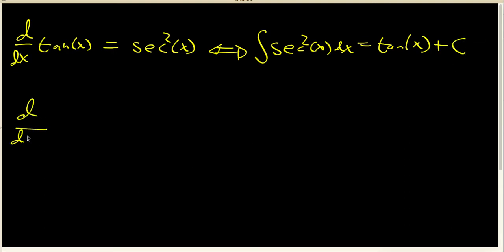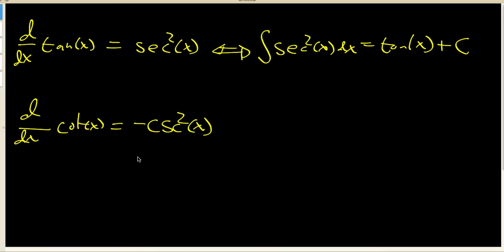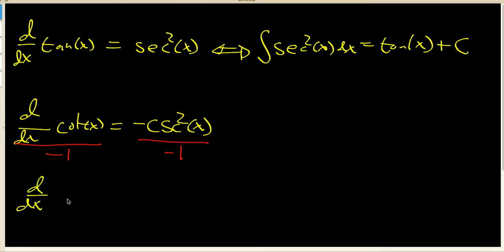The derivative of the cotangent of x is minus the cosecant squared of x. And here again, if I want to isolate a cosecant squared, I need to divide both sides of this equation by -1. And when I do, this equation becomes that the derivative of minus the cotangent of x will be positive cosecant squared of x.